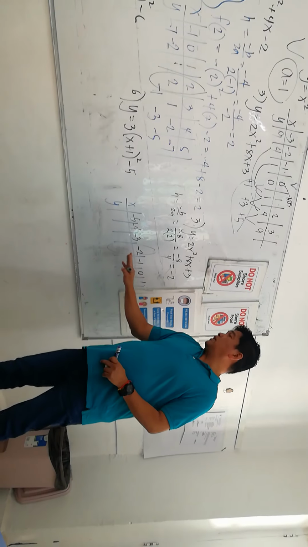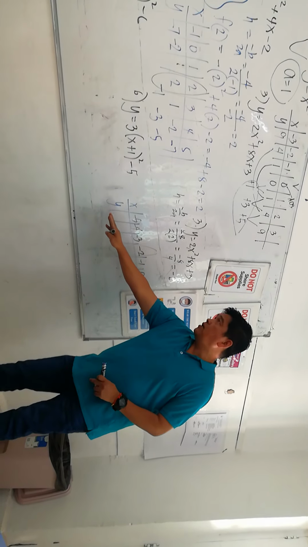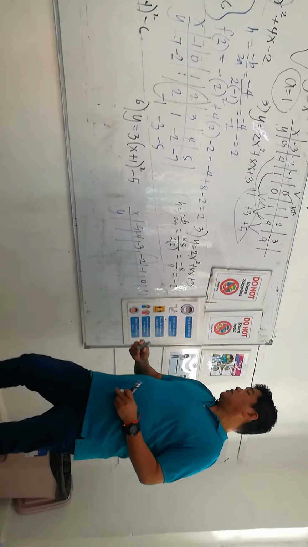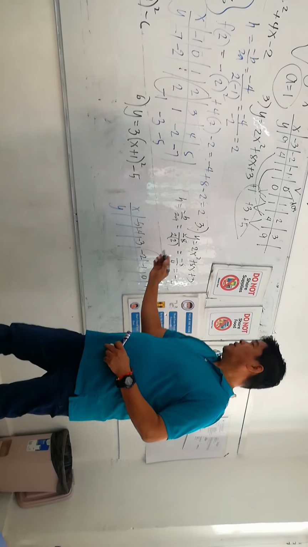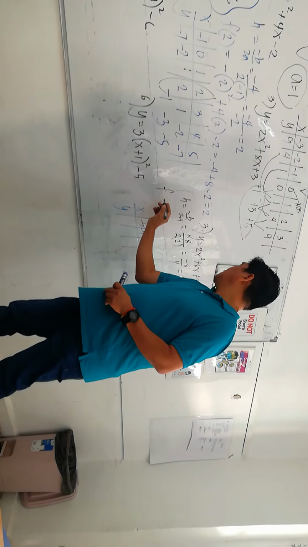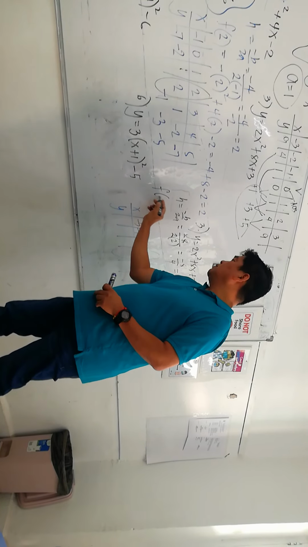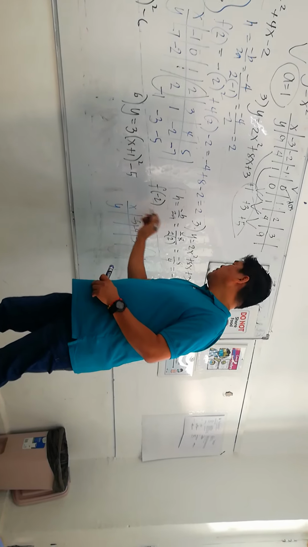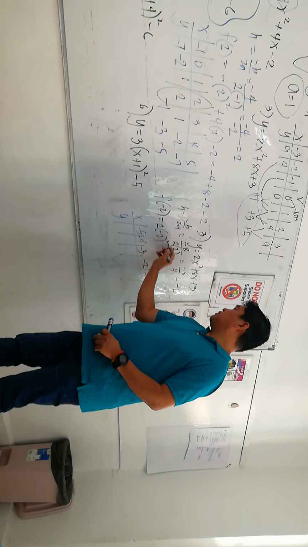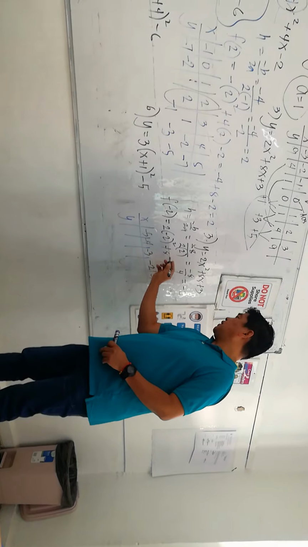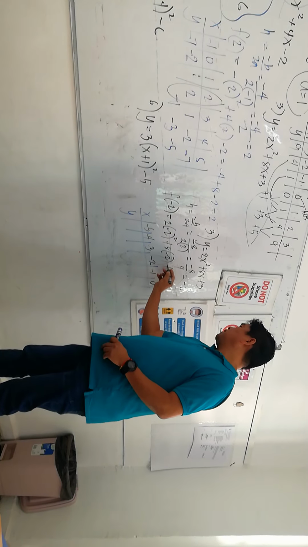Now, when x is equal to negative 2, what is y? So just simply plug in negative 2 to your equation. So f of negative 2 is equal to 2 times negative 2 squared plus 8 times negative 2 plus 3.